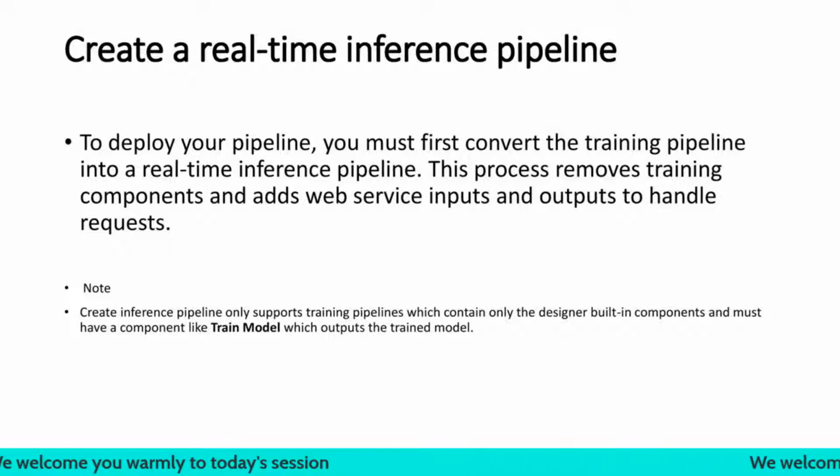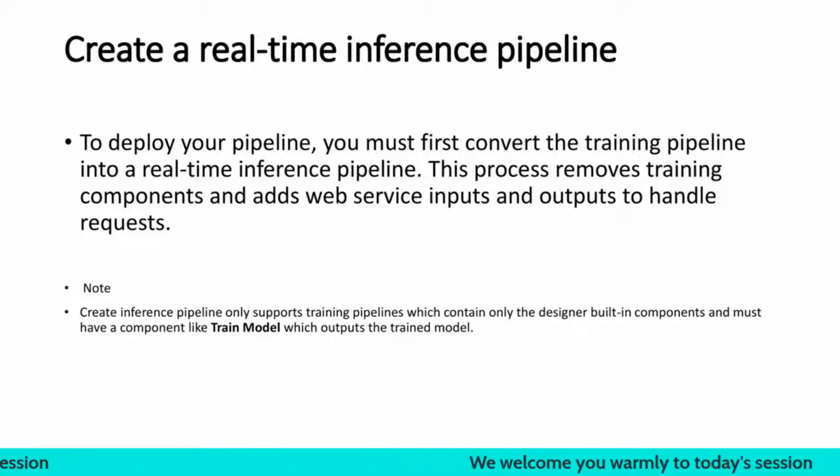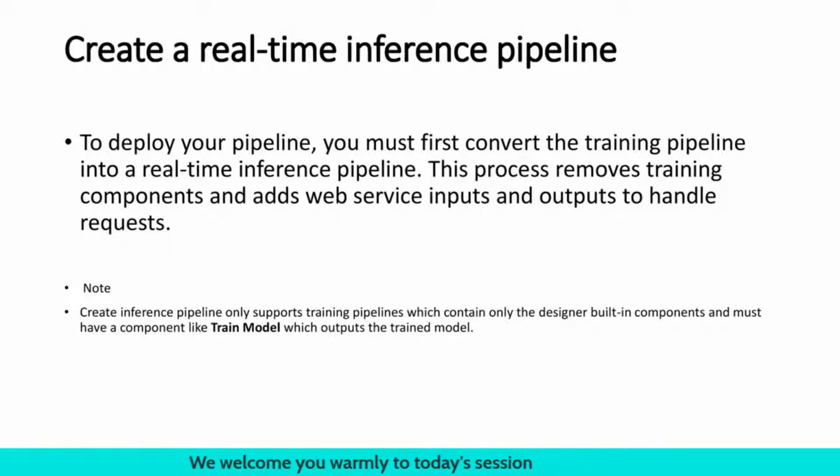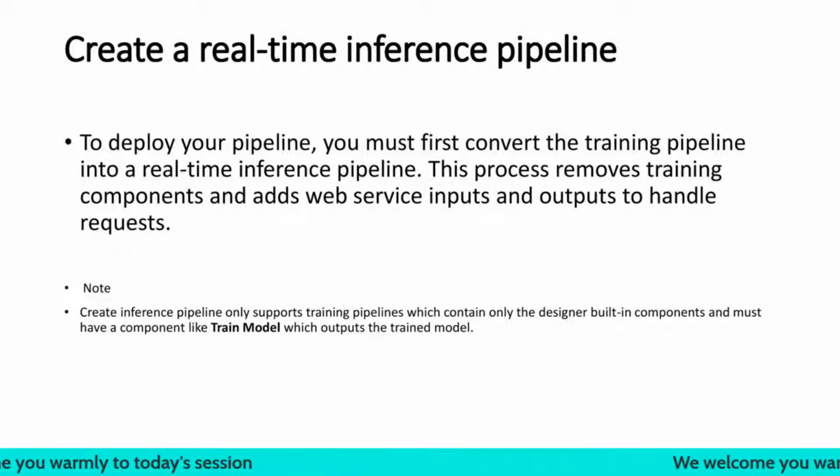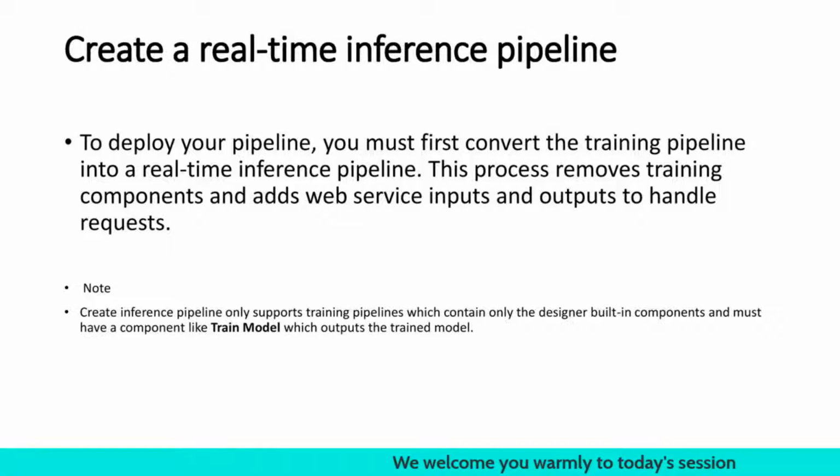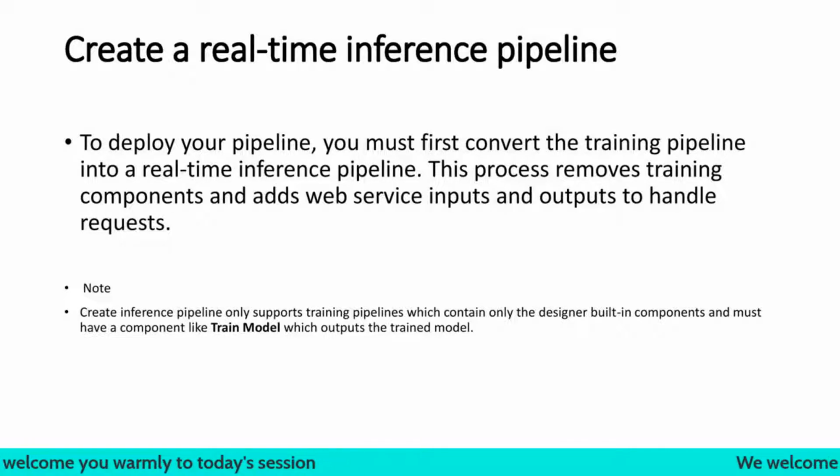To deploy your pipeline, you must first convert your training pipeline into a real-time inference pipeline. So whatever we've used to train our model in the first phase is what we convert into a real-time inference pipeline. This process removes the training component and has web service input and output to handle requests.